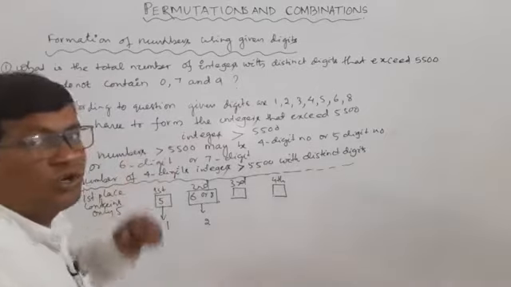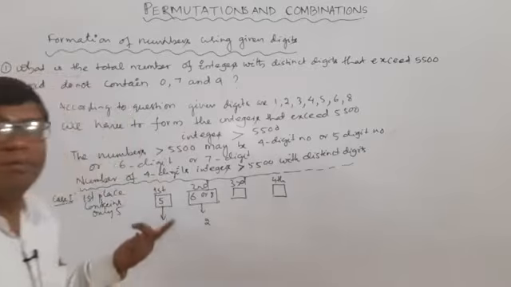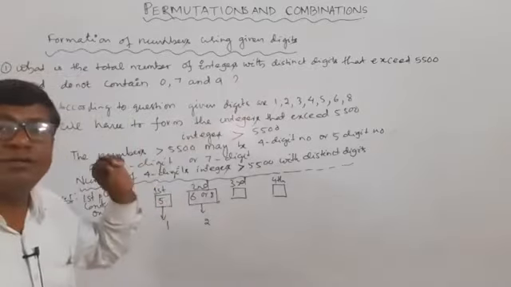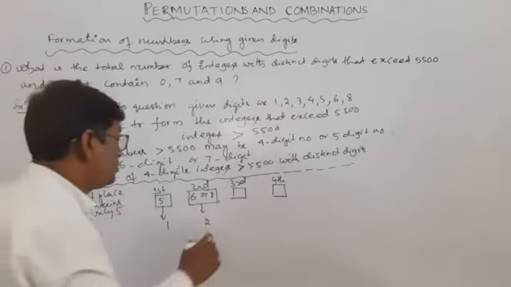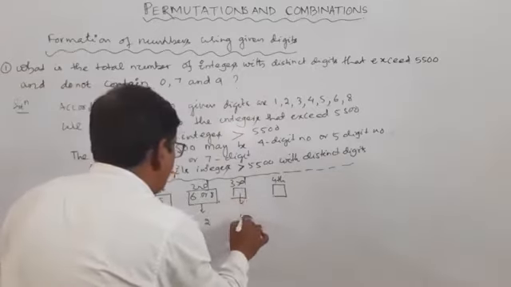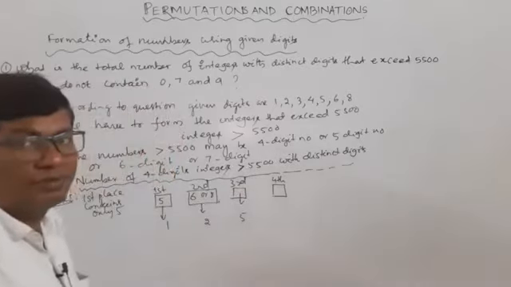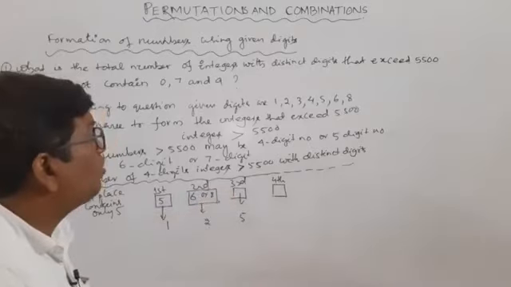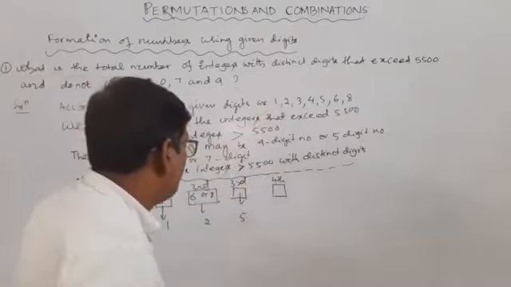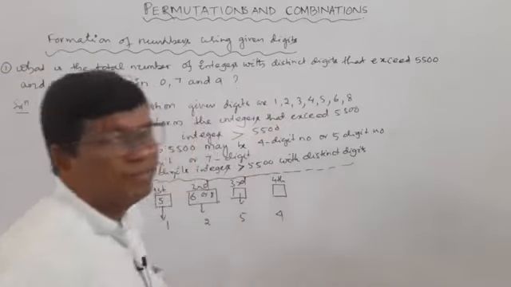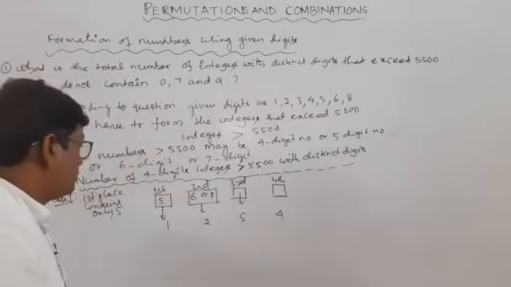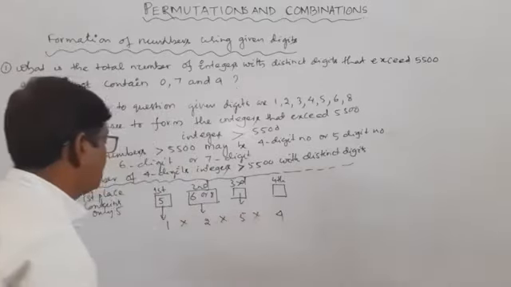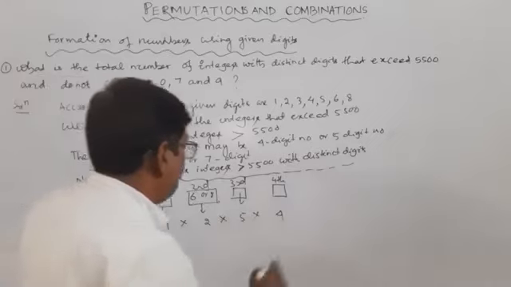Since repetition is not allowed, total number of digits is 7, 2 digits are used here, now remaining 5 digits, so this can be filled in 5 ways. 3 numbers are used out of 7 digits, so remaining 4 digits. So the total number of this is 40.